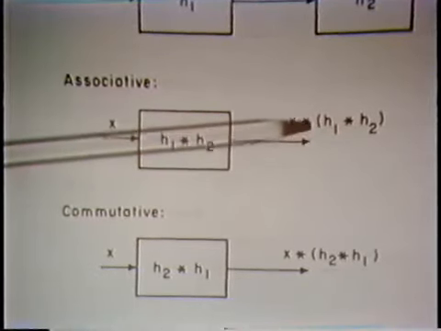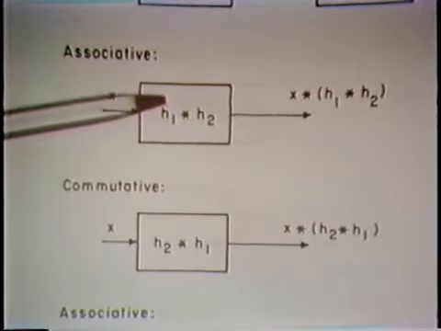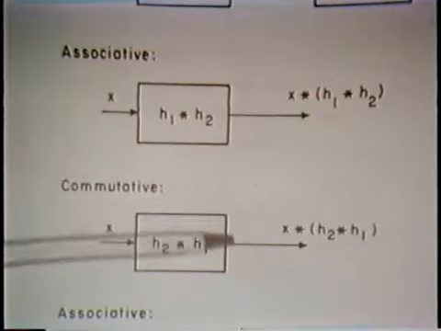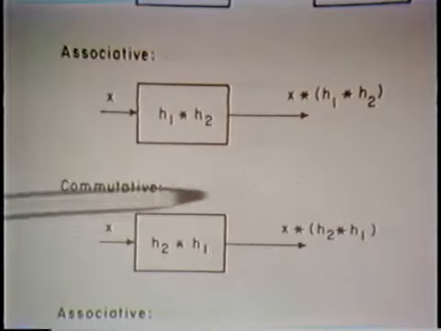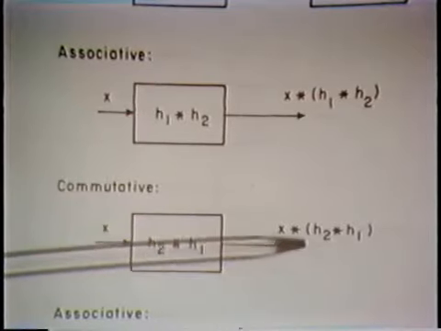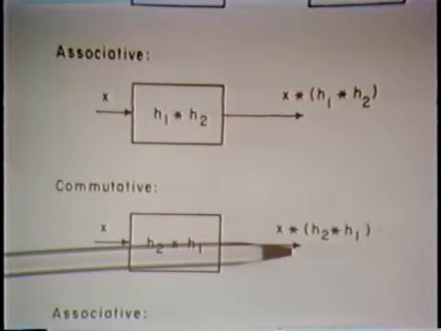Next, we can apply the commutative property, which says we could write this impulse response that way, or we can write it this way, and since convolution is commutative, the resulting output will be exactly the same.